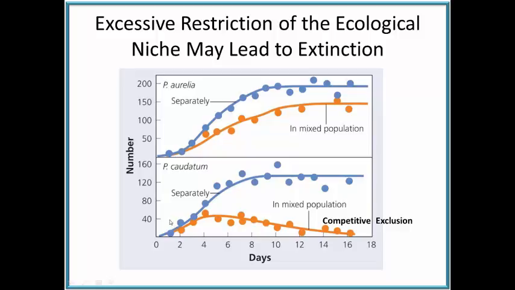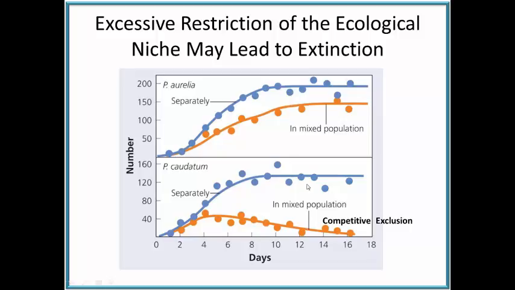Down here, again, we're looking at caudatum growing separately, and caudatum growing in the presence of aurelia. Again, this difference between the blue line and orange line is going to be the suppression of the population, that is the sort of competition that we see between caudatum and aurelia.